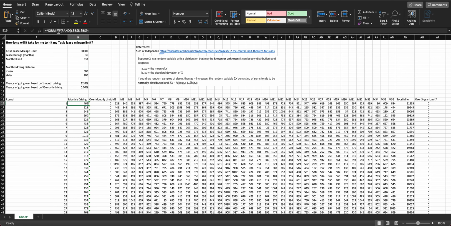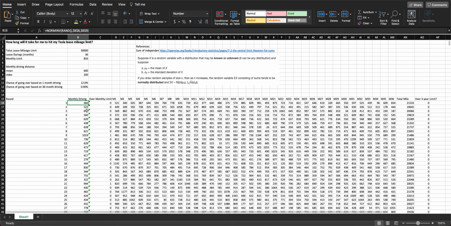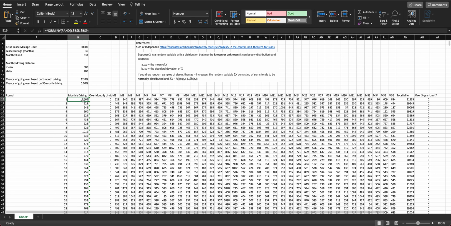So let's first do the monthly driving simulation. It's very simple. You just generate a random seed and plug in the mean and the standard deviation. As you can see here, I did 10,000 runs. In each realization of the simulation, if I go over this limit, I count it as a 1.